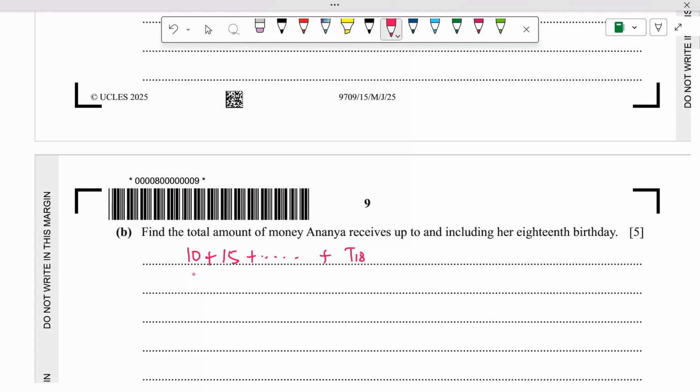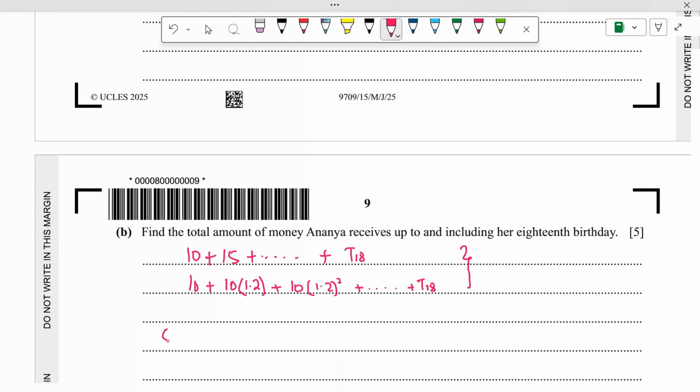Similarly, her mother gave her $10 on the first birthday, and then 1.2 times 10 on the second birthday, then 1.2 squared times 10 on the third birthday, and it goes on up to the 18th birthday. So we need to add them all to find how much she received up to 18 years. So we will use the summation formula.